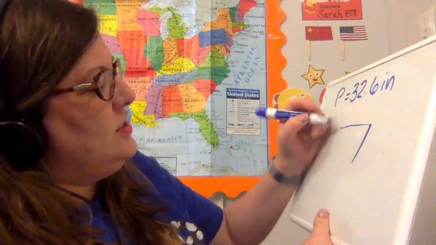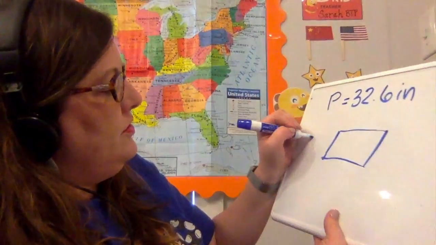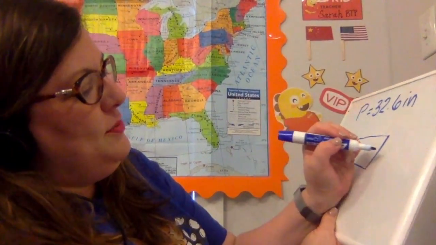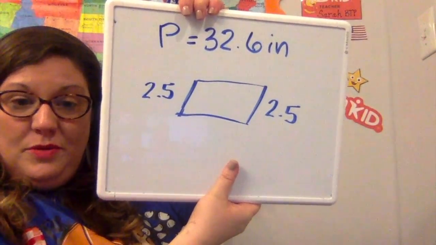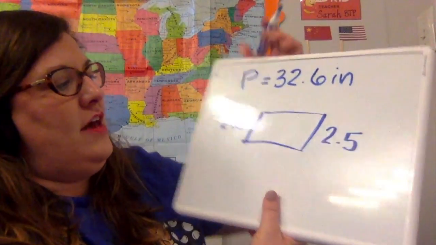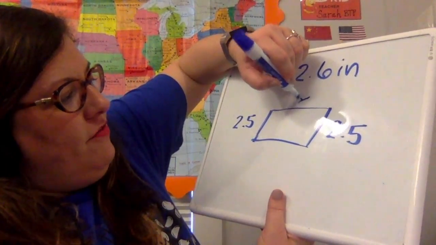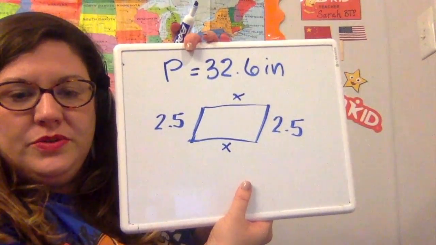So I'm going to sketch the parallelogram, and I'm going to label two of those sides being 2.5 inches. What is the length of the other two sides? So the length that we're looking for is this one, the length of those other two sides.